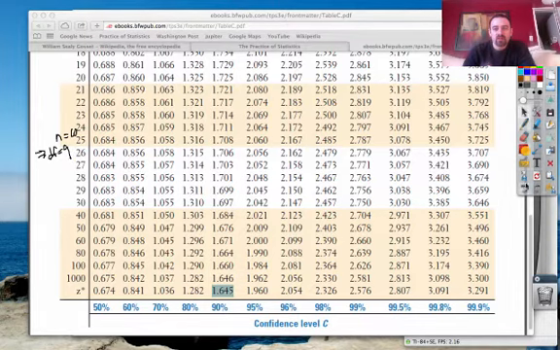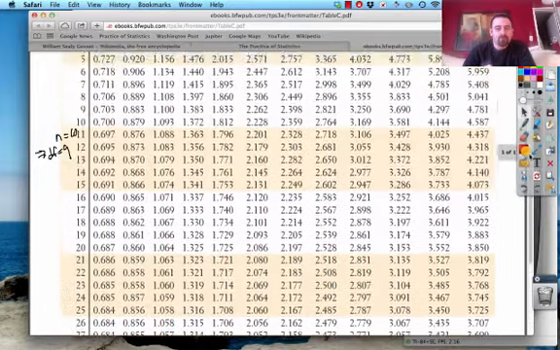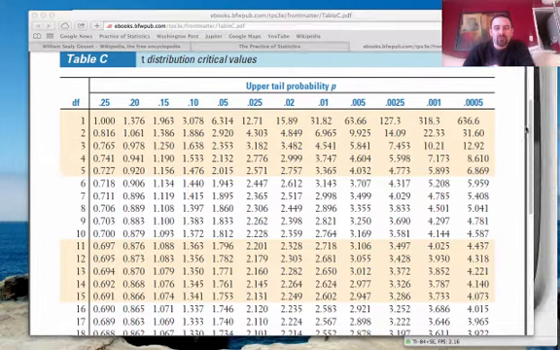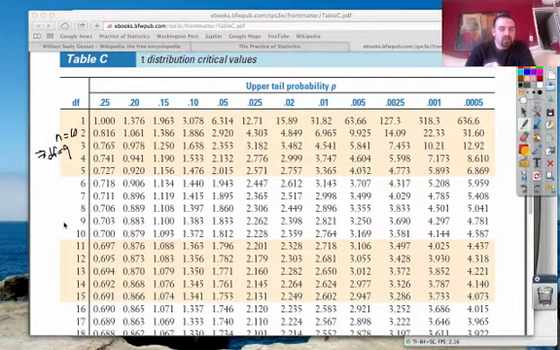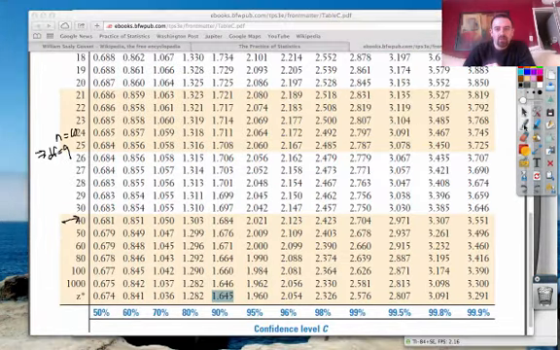Okay, well let's look at that then. On the left here, you'll notice this column is the degrees of freedom column. So if I have 9 degrees of freedom, I'm looking at this row, row 9, and I'm looking for 90%, which is this column.